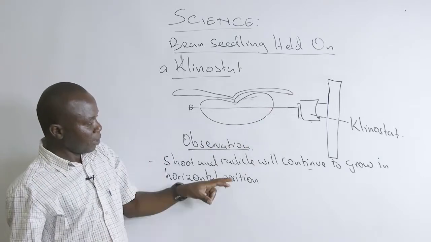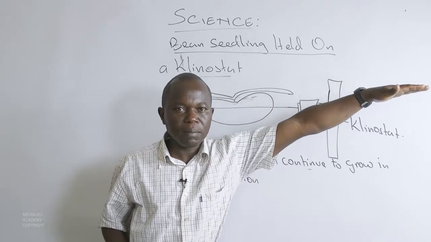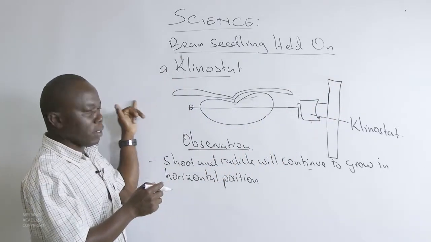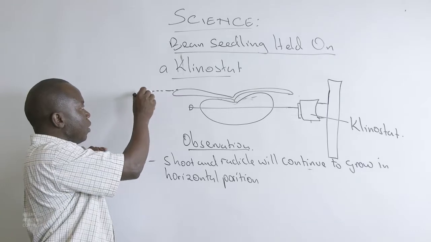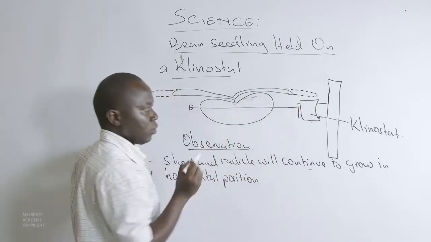So this is the kind of observation that we shall make. The radical will continue lengthening in the same direction and the shoot in the same direction.